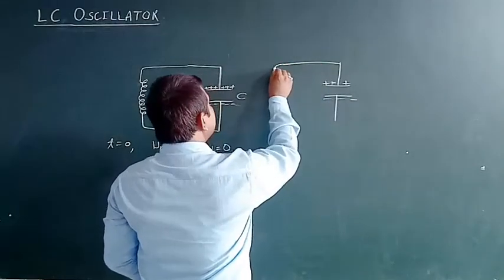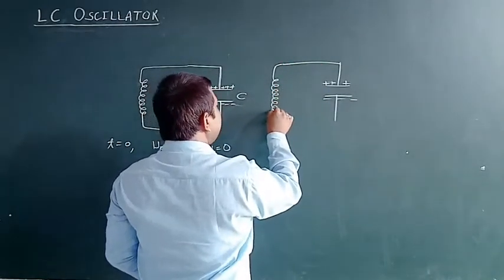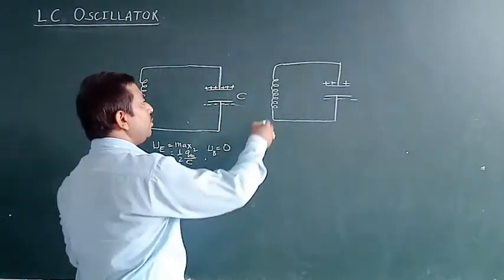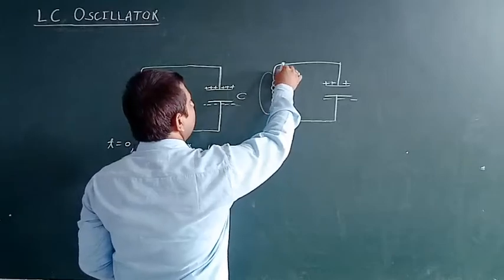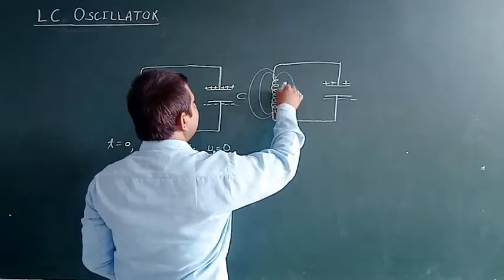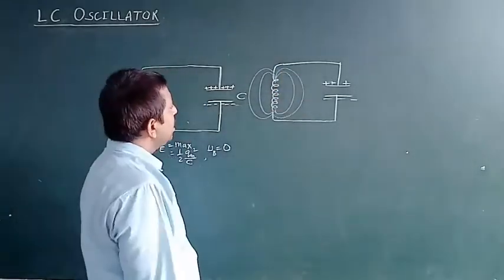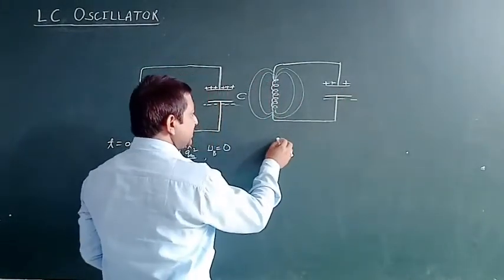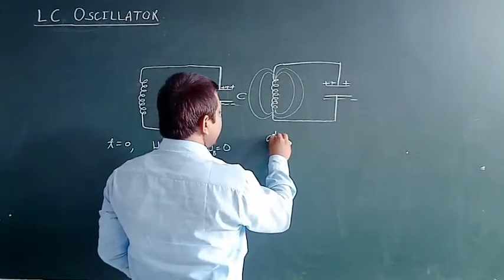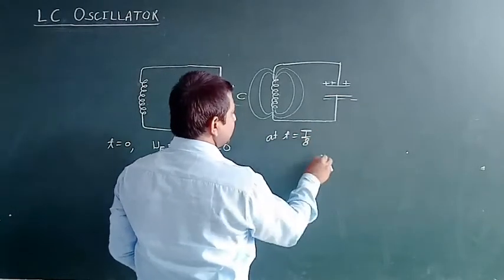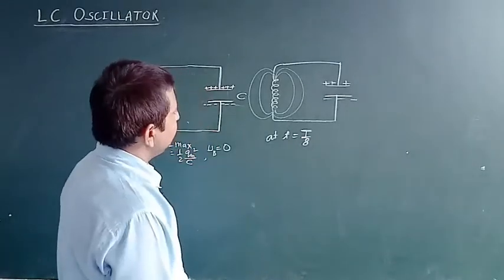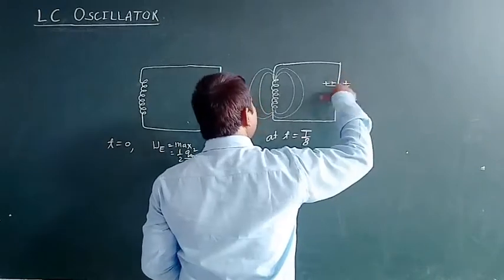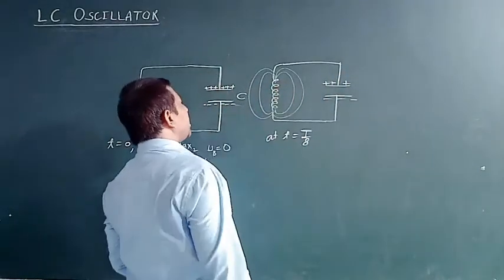So there is electromagnetic energy stored across the inductor in the form of this magnetic field. Suppose that it is the case at time t equal to T by 8, then at that time the energy stored across the capacitor will be equal to the energy stored across the inductor.